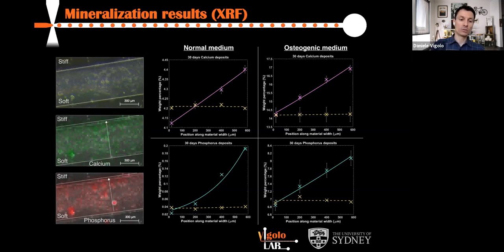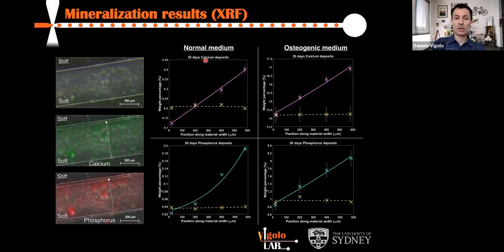And along the gradient direction, you can probably appreciate from this picture that there is actually a gradient in the mineral concentration, but I think it's easier if we look at the plot on the right. So now the first 2 plots here, these are using normal medium. So the medium is not increasing essentially the chance to form minerals.